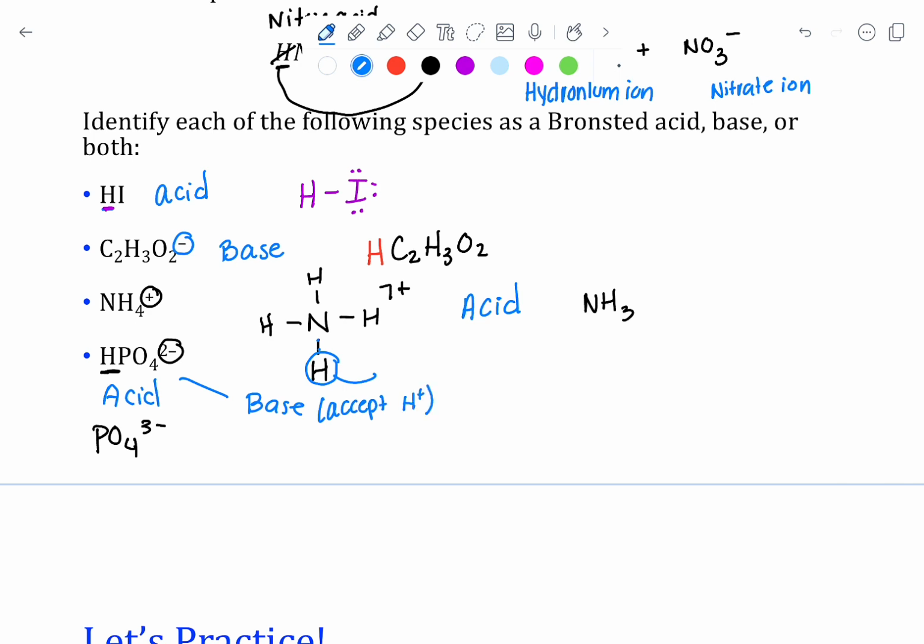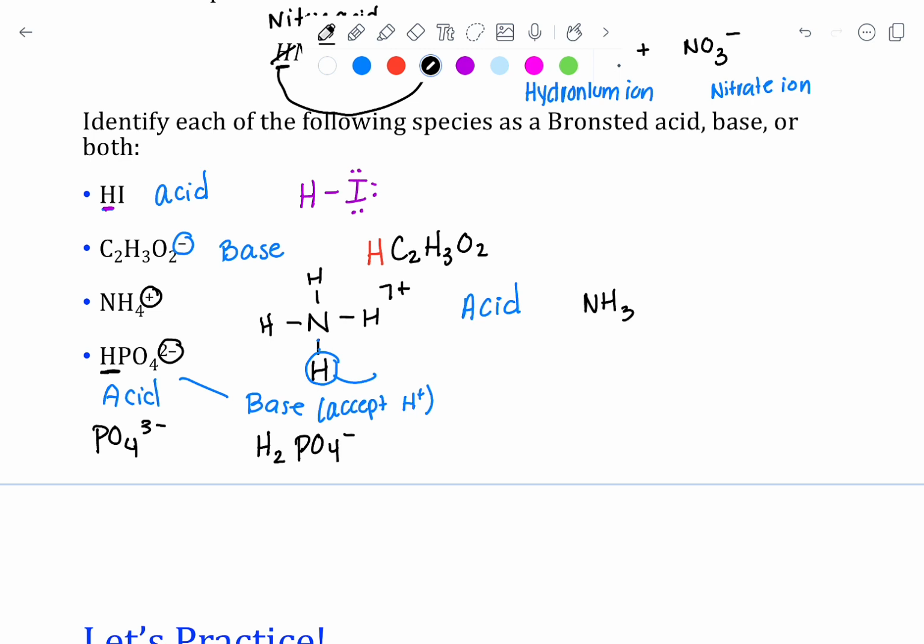That's the definition of a base, a proton acceptor. So it's going to accept a hydrogen, and that's going to make the formula H2PO4, and that's going to decrease our charge to a -1. So we're getting closer to a neutral molecule.